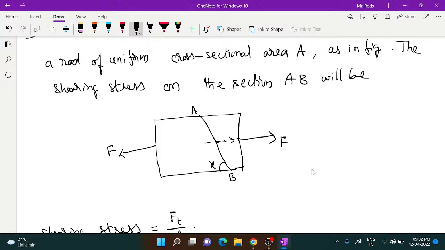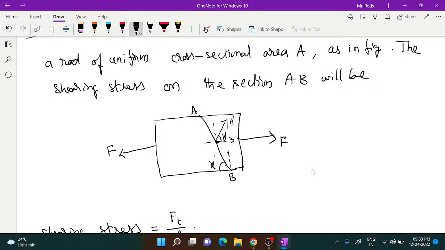The area of this section is in this direction. If this angle is x, the total angle is 90, so this will be 90 minus theta, and by symmetry this is also x.